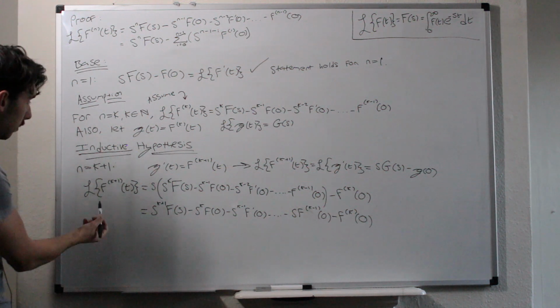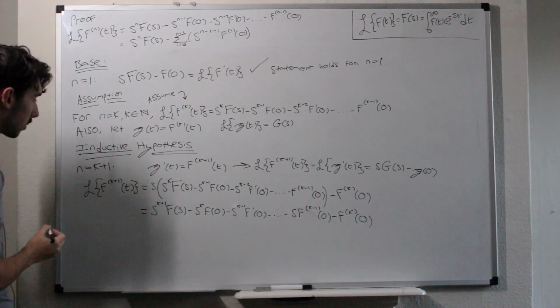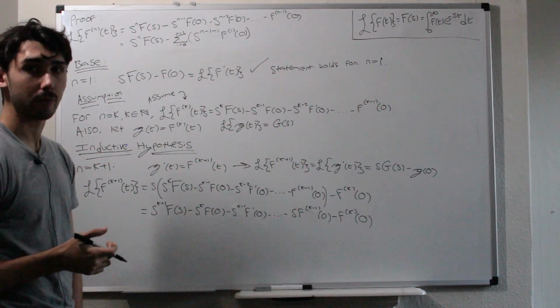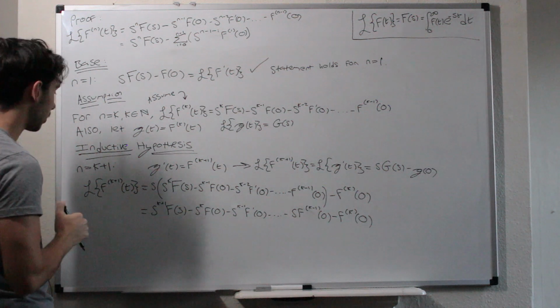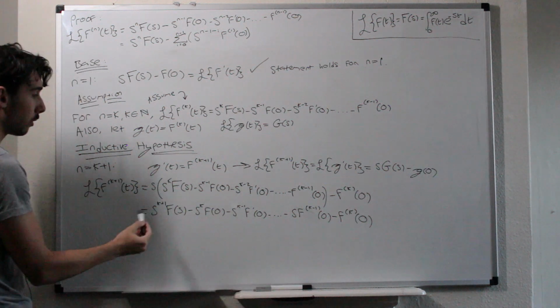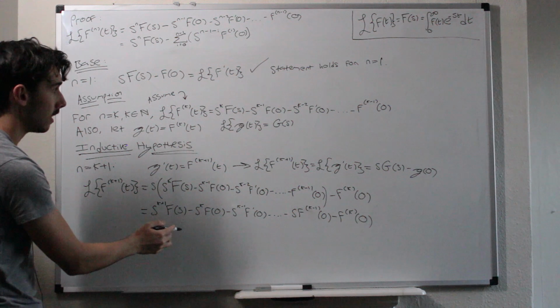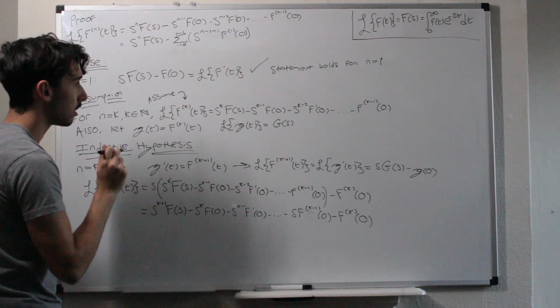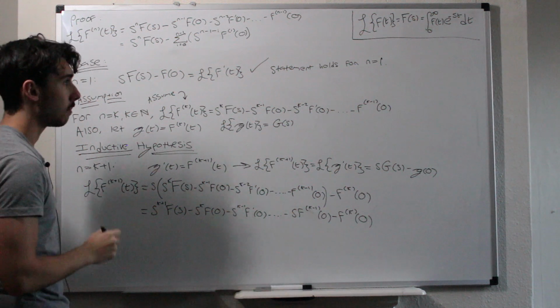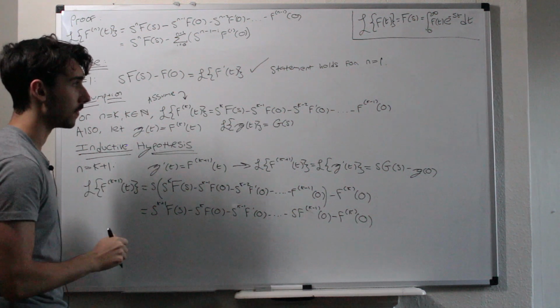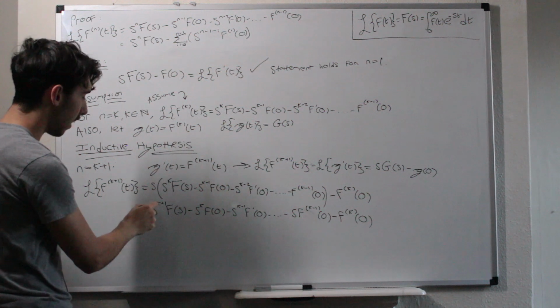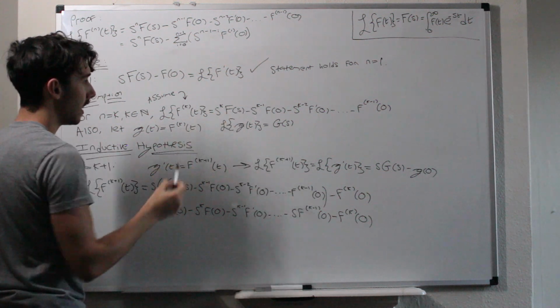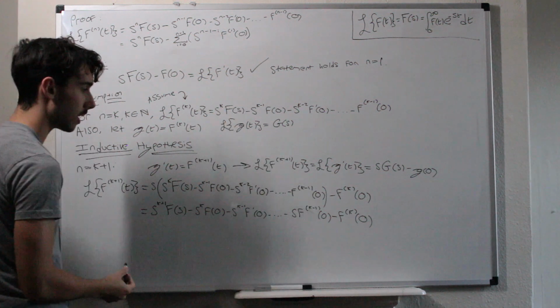Because again, this is the Laplace transform of the k plus 1th derivative of f of t. So notice that this last line here is identical to our assumption, except the k's have now been replaced by k plus 1s. So every single value of k that was in our assumption is now a k plus 1, as you can see.